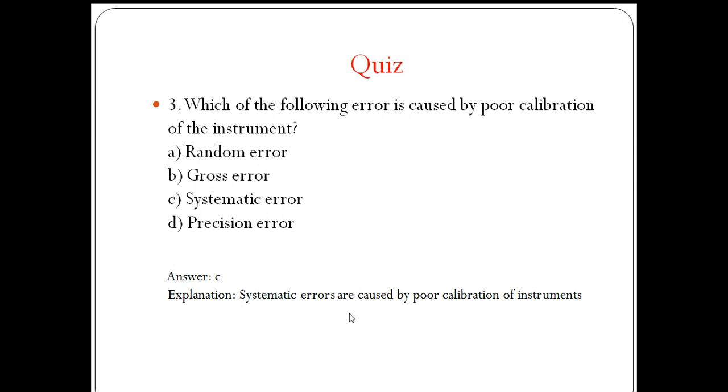Instrumental error comes under systematic error. So option C, systematic error. Systematic errors are caused by poor calibration of the instruments.